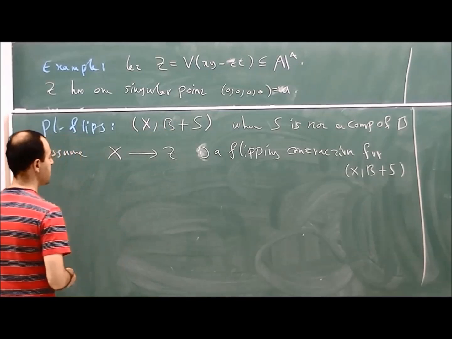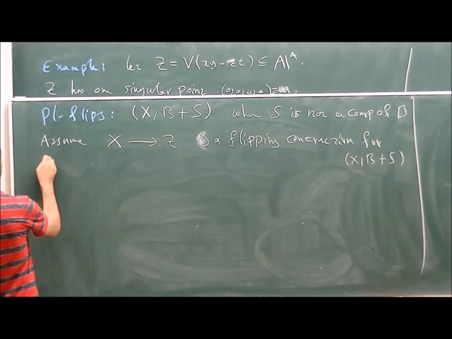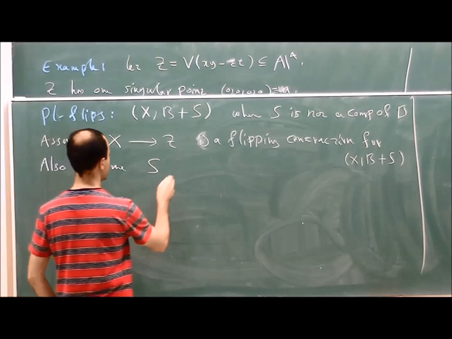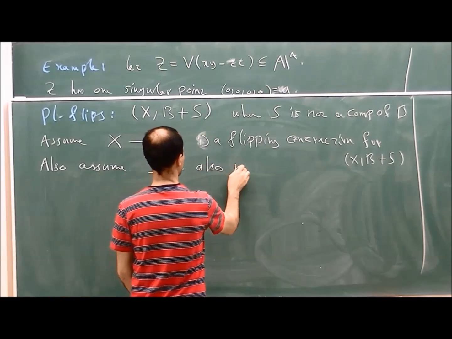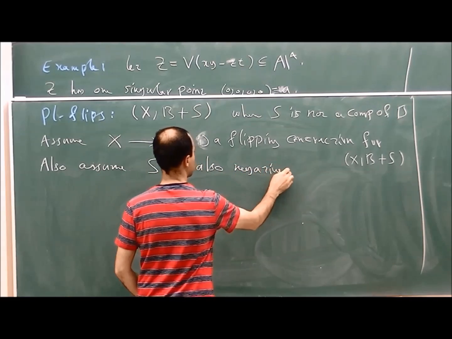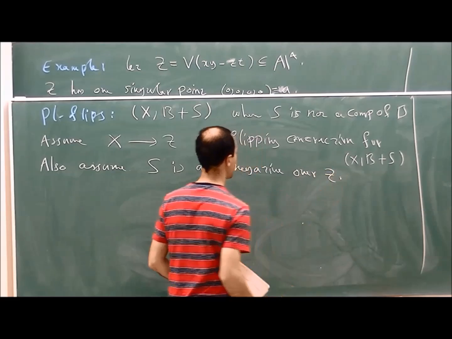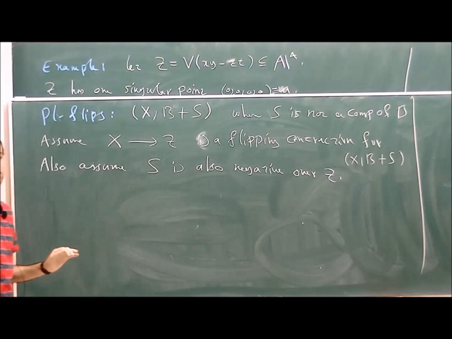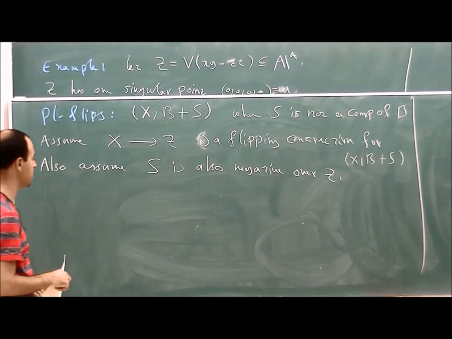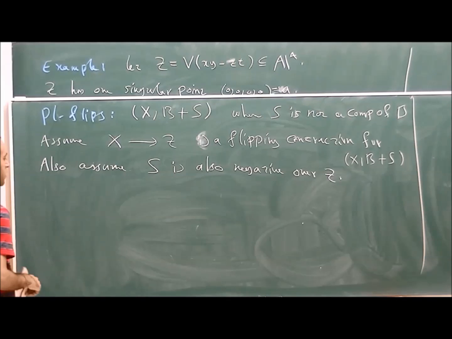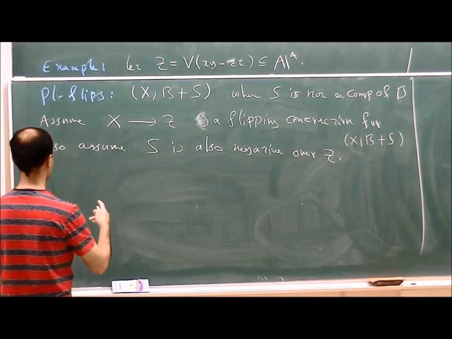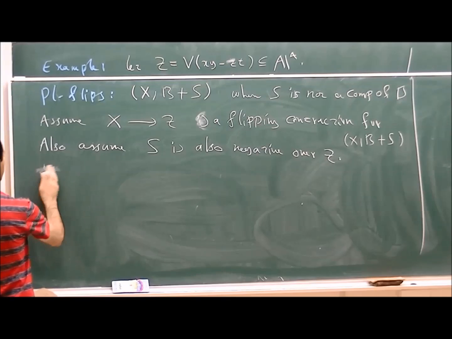Now, to make this into a PL flip, I also require that S is also negative. So in other words, if you have any curve here contracted, S should intersect it negatively. So in particular, S will contain all such curves. So everything will be decided on S just exactly like in this picture. So if you have a situation like this, then we say that we have a PL flip.